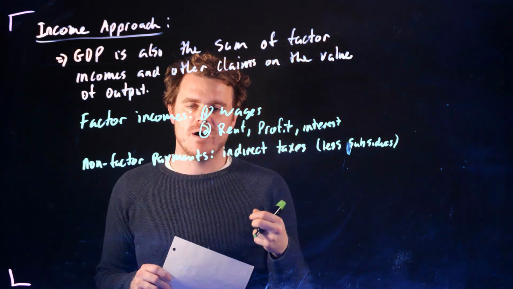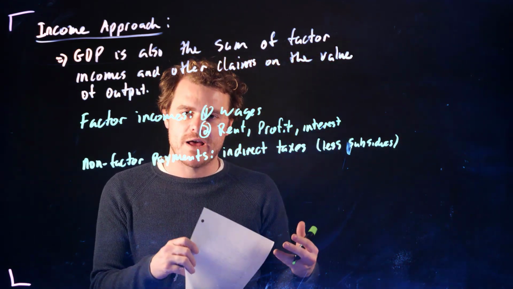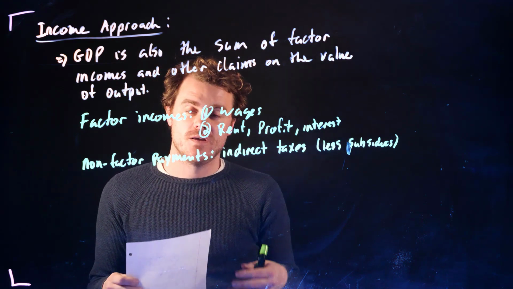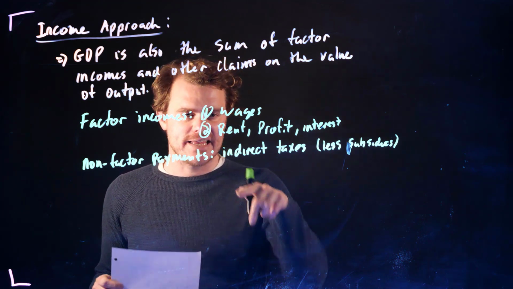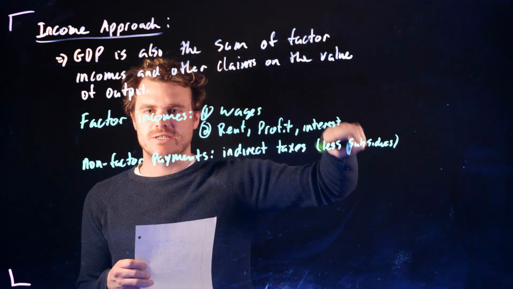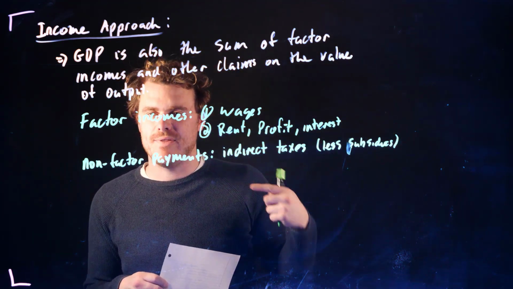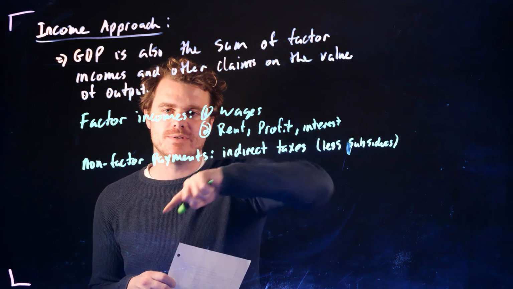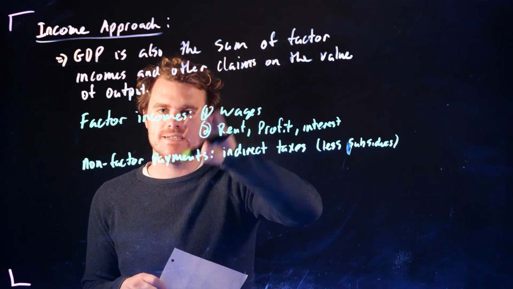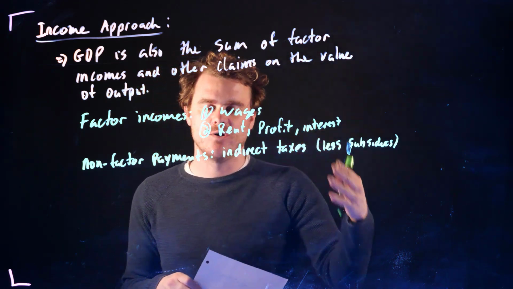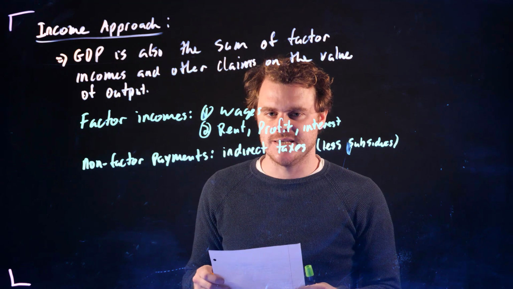When you go and spend money, that whole amount of money doesn't go to the domestic producer. Some of it's taken out in taxes and things like that. So if we're using this approach to calculate GDP, we have to re-add the taxes. Remember, the taxes were coming out of that left-hand side. We just have to make sure we include it in order for these two sides to be equal.